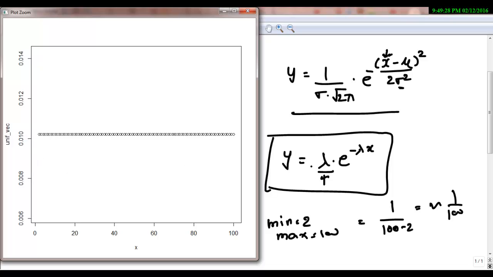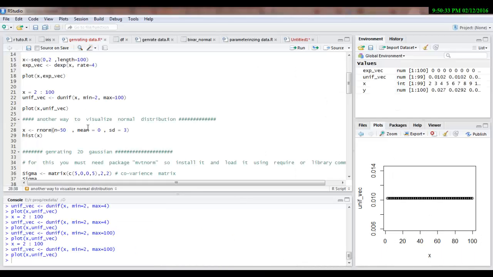Okay. So till now we have seen how to generate a certain distribution when we are passing an x vector as an argument. But now we'll see what happens if we do not pass any x vector, and in fact we want an x vector which belongs to a certain kind of distribution.